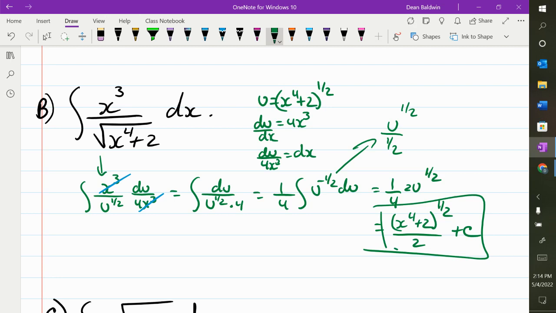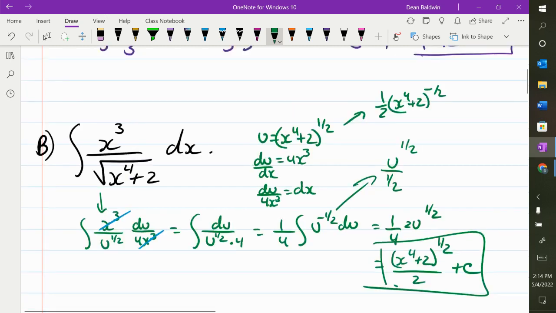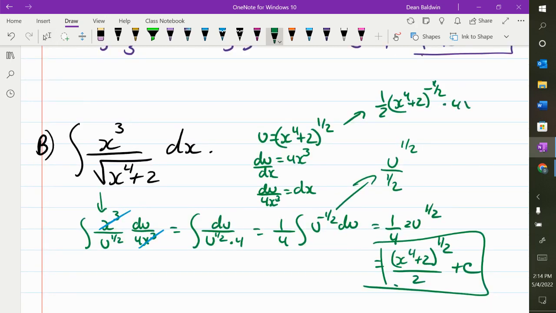And the problem is you're going to get this to the negative 1/2 times 4x cubed. So you've introduced something that is more complicated, right? So it's just going to be what's inside. Okay? Any other questions?